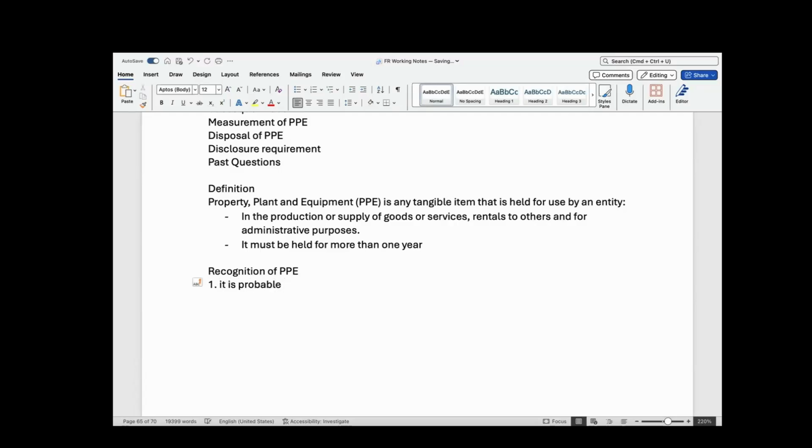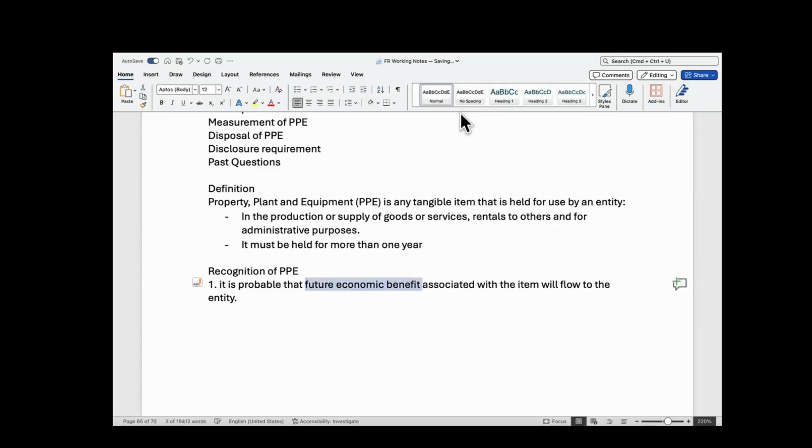It must be probable that future economic benefits associated with this item will flow to the entity. So, future economic benefits.